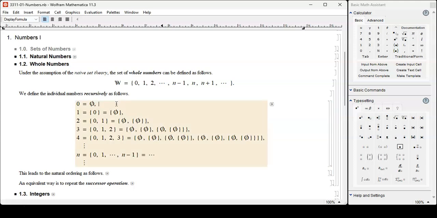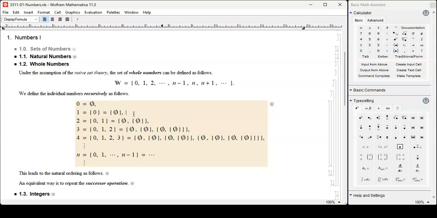Define 0 as the empty set. One of those axioms of set theory is that sets exist. The empty set exists. So, okay, that's 0. And the number of elements of the empty set is 0, but of course I cannot define it like that. I cannot use 0 to define 0. 0 is the empty set.